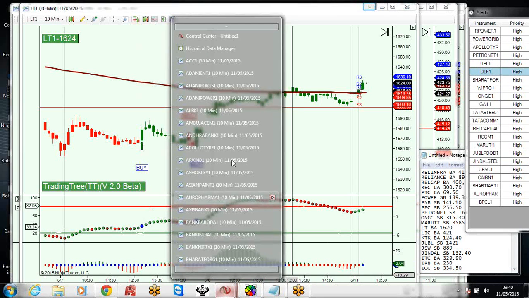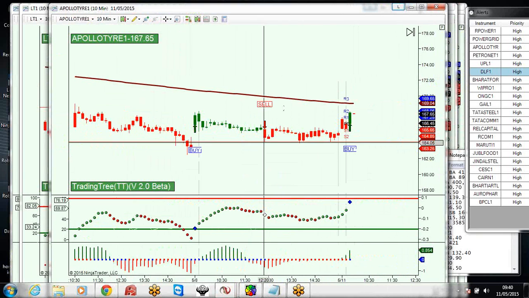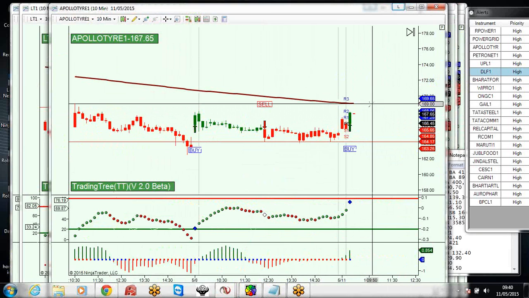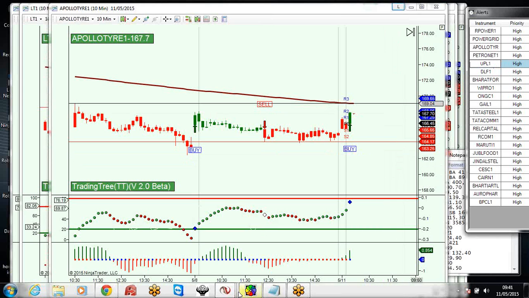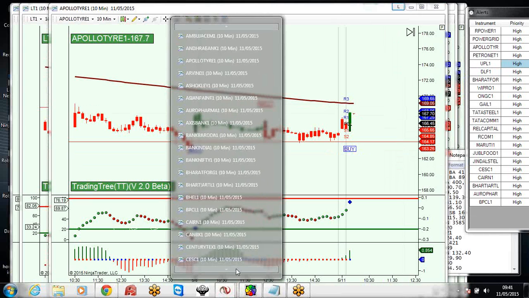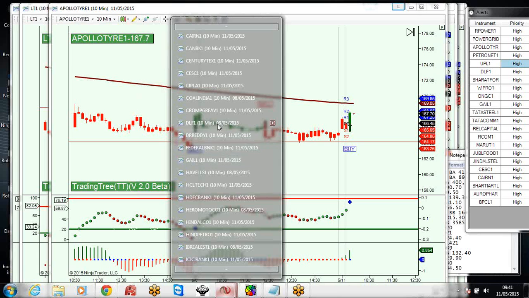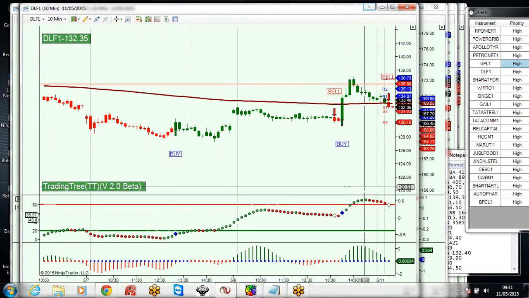So let's just go to Apollo Tire. We'll just avoid this call until it makes the crossover for this brown line. 169.20 should be it, or else you can buy above this R3 level. There will be a safe level, that is 169.70. So DLF we have a sell call.